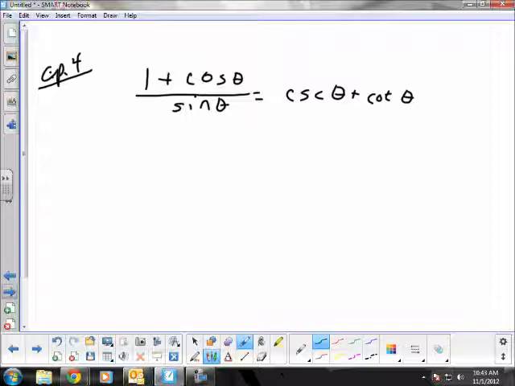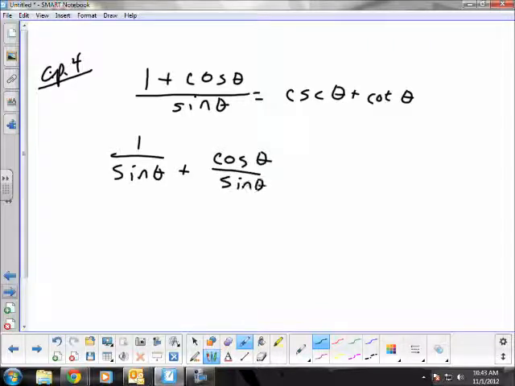Always look to see where you're going before you just start doing stuff. It'll cut down on those number of times when you wander down the wrong pathway. So if I pull that apart, that becomes 1 over the sine of theta plus the cosine of theta over the sine of theta.